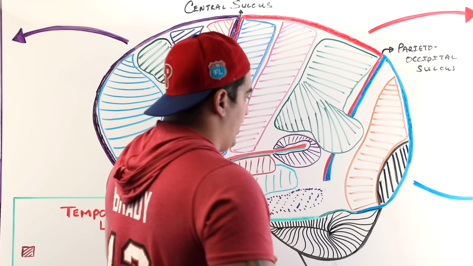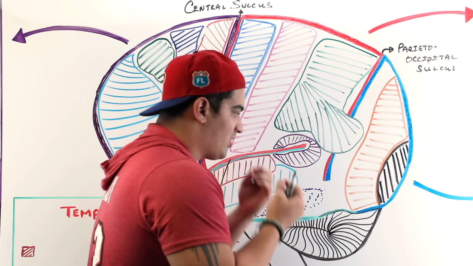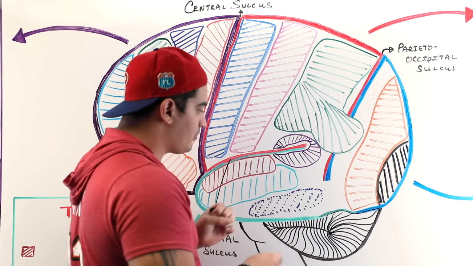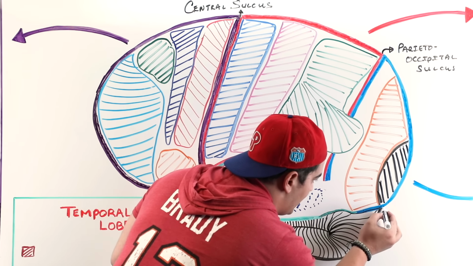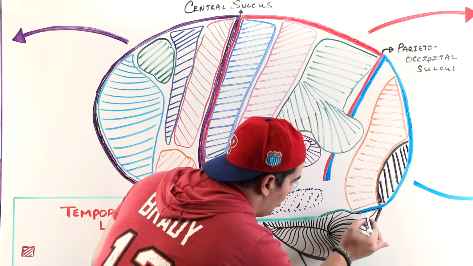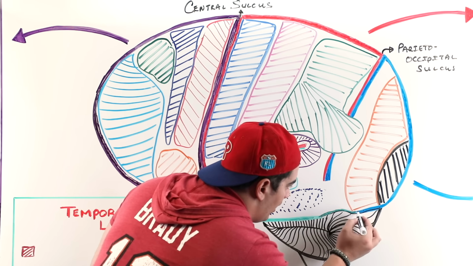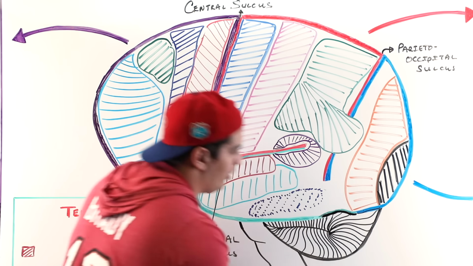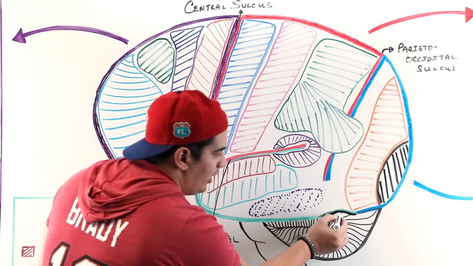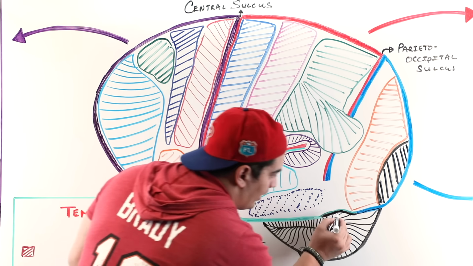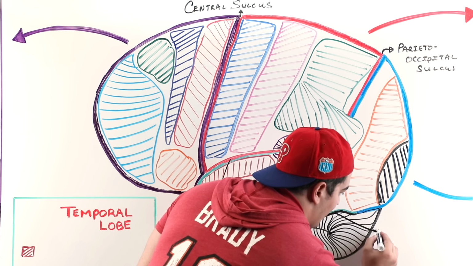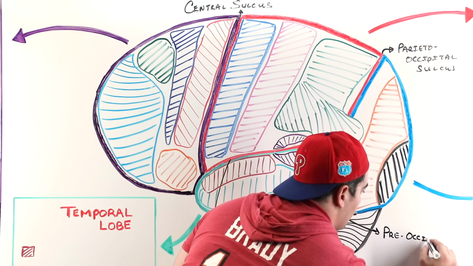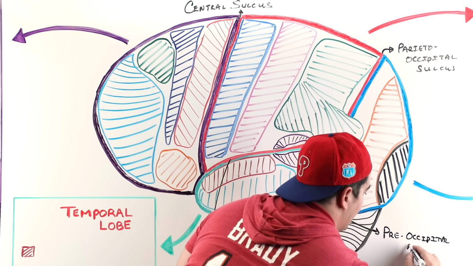Now this last one here is not an actual complete sulcus or demarcation. It's an imaginary type of line. Right here, you see how we come from this occipital lobe just above this cerebellum. There's a little notch right here. I'm going to kind of draw it here in this dark black here, right? You see that little notch, that little kind of elevation point? That elevation point right there is actually referred to as the pre-occipital notch.